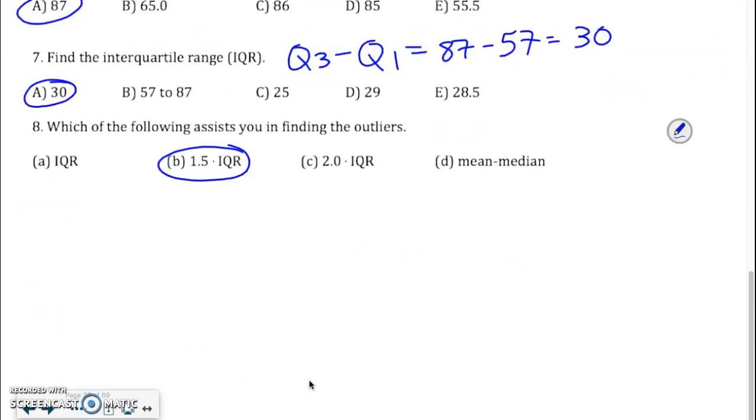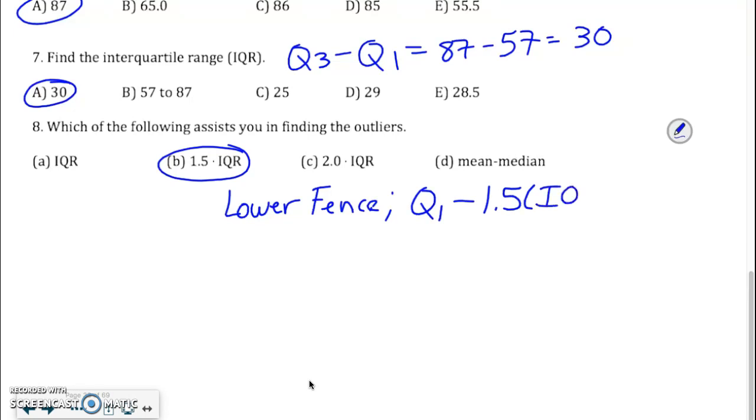However, I just want to refresh your memories. Remember, we were talking about how you identify outliers, and I introduced a little different terminology for it, which I think makes it easier to understand. Lower fence. There is a formula for the lower fence. It is quartile 1 minus 1.5 times the IQR. Once you find this number, anything below it is considered an outlier.